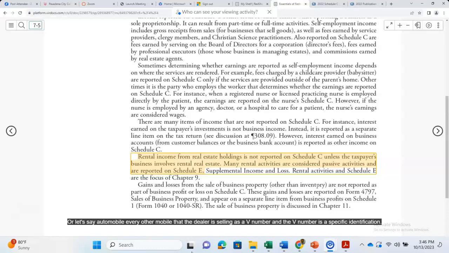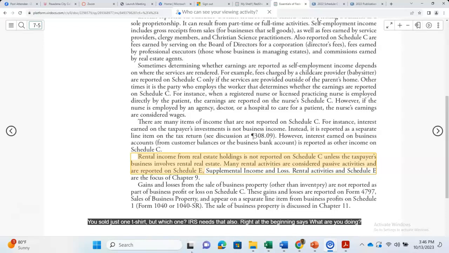Every automobile that the dealer is selling has a VIN number, and the VIN number is a specific identification method. But if you are selling t-shirts, then okay, you bought t-shirts for $10, $11, and $12. So you have 3 t-shirts. Each one of them is on a separate cost, $10 and then 11 and then 12. So which t-shirt did you sell? You sold just one t-shirt, but which one?